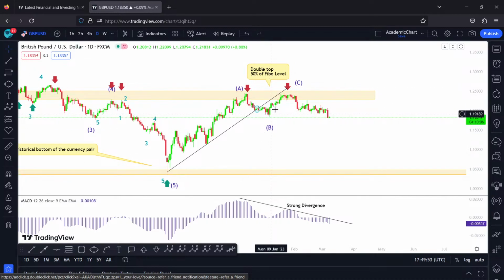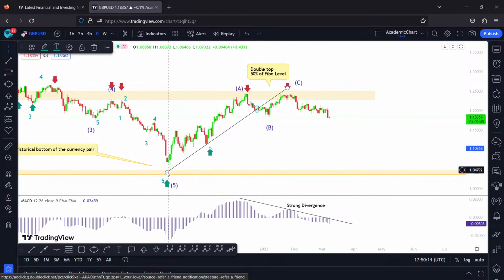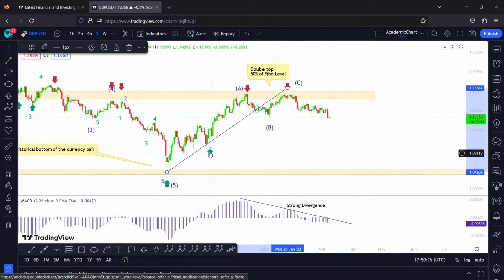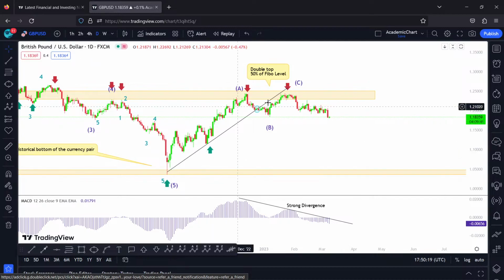Also, after this breakout, price has not returned to the previous trend. This has been broken and also retested this structure. So let me clarify this by adding some arrows here. We already had some good points on this chart, but it has been broken at the moment, and also retested the structure.